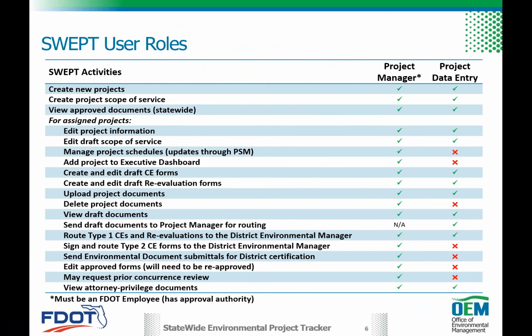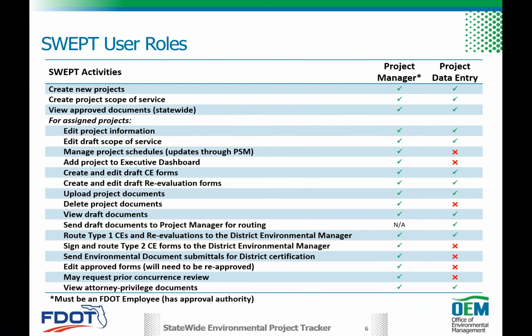Then you've got a project manager. A project manager has some additional rights for a Type 2 or reevaluation. They're the individuals that are either signing or reviewing the forms as they pass through on to the Office of Environmental Management for signature.